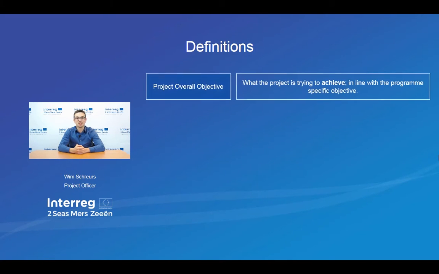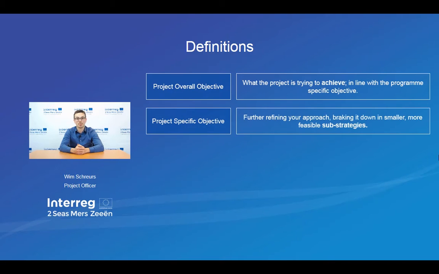Let's look at definitions of the different concepts we have already mentioned. Your project overall objective is actually what your project is trying to achieve, in line with the program-specific objectives that we mentioned earlier. The project-specific objective is then a means to basically cut up your main objective into smaller parts, break it down in sub-strategies.